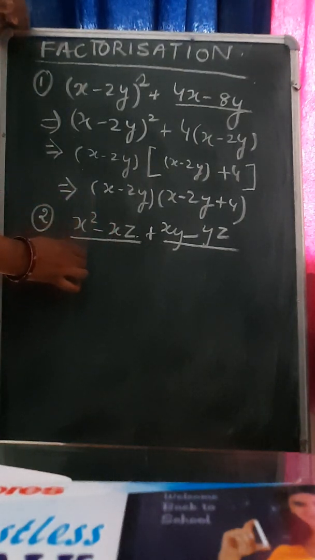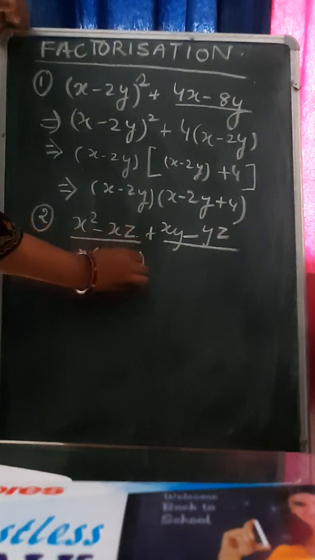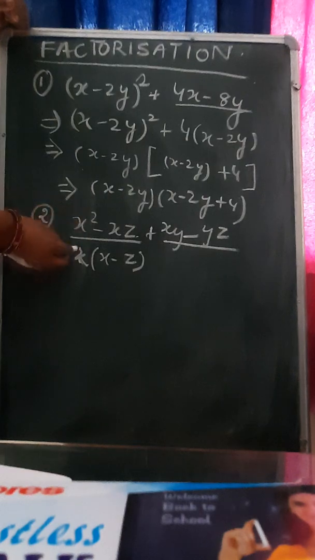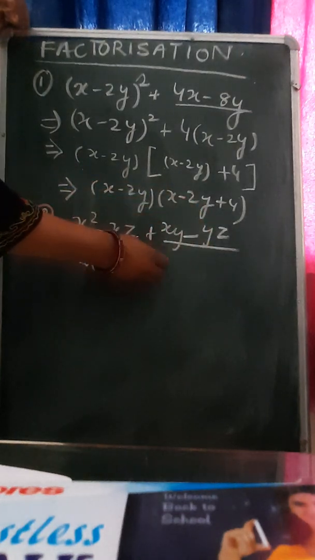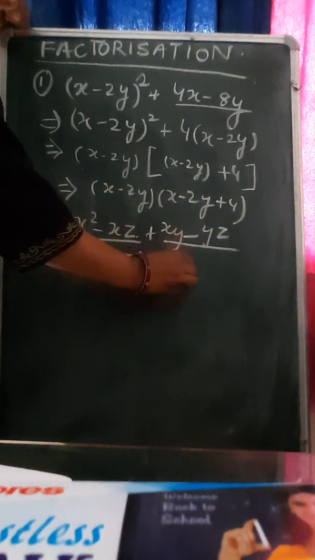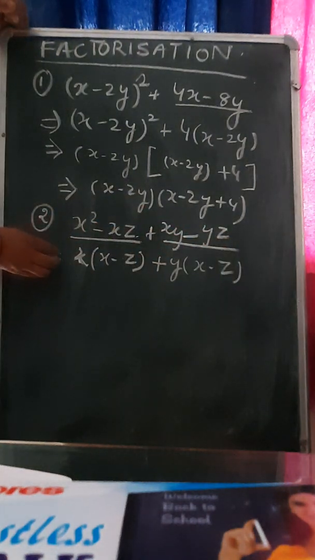So here you can see, children, x is common. So this can be written as x minus z, because 1 x from here and 1 x from here I have taken common. So 1 x remains here and z remains over here. Similarly, what I can take common here is y. So here it is x and here it is z.